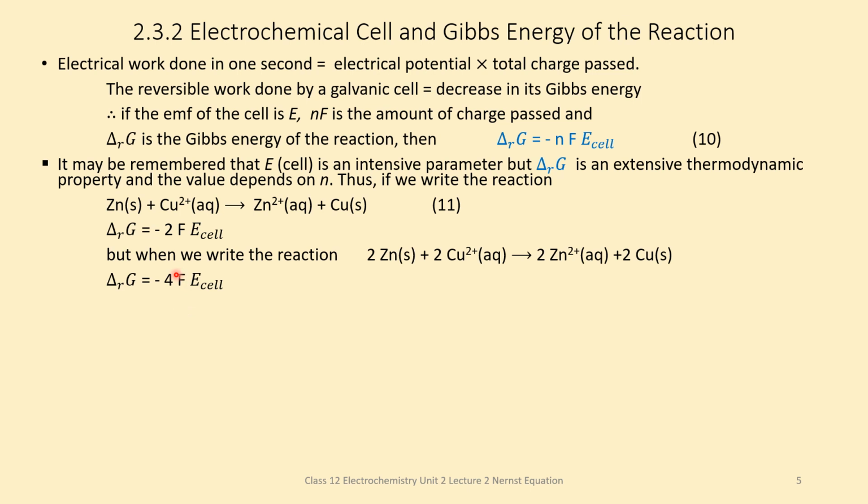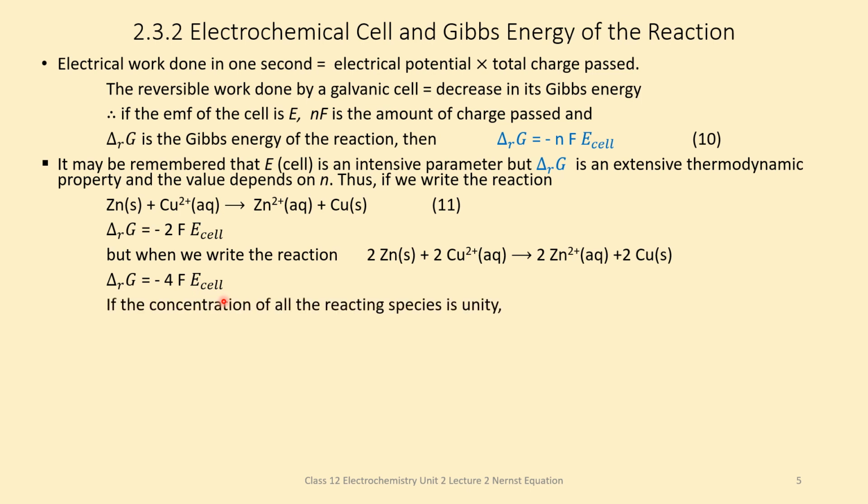I will read this once again. When we write the reaction 2 Zn(s) plus 2 Cu2+(aq) forming 2 Zn2+(aq) plus 2 Cu(s), it gives the value of delta rG equals minus 4F into E of cell.